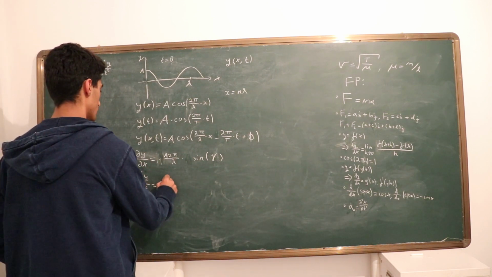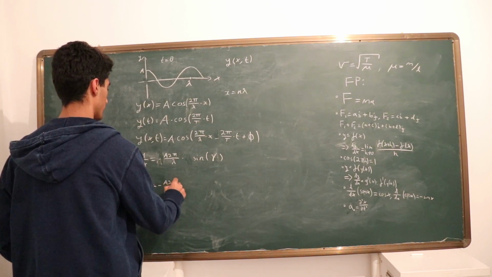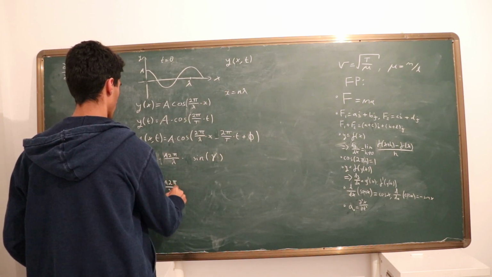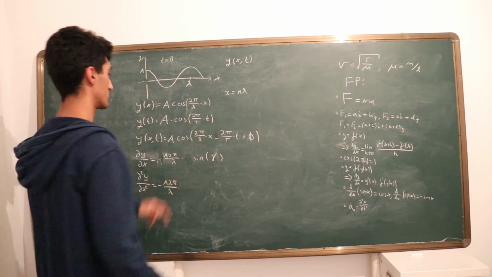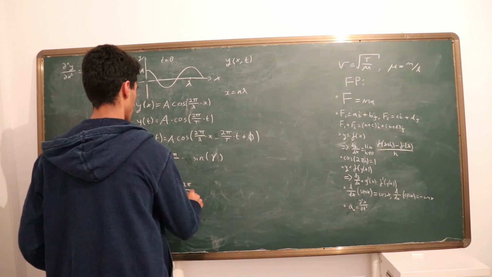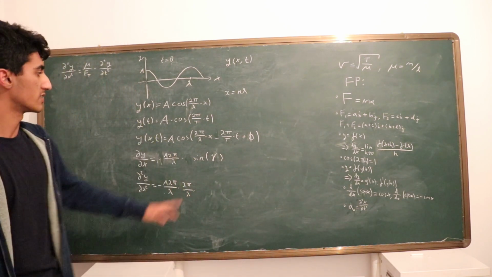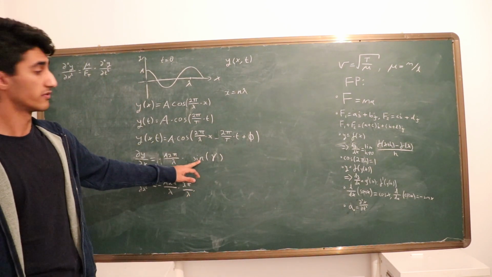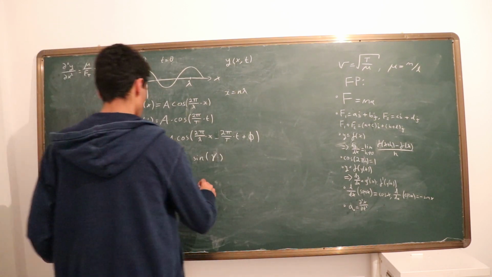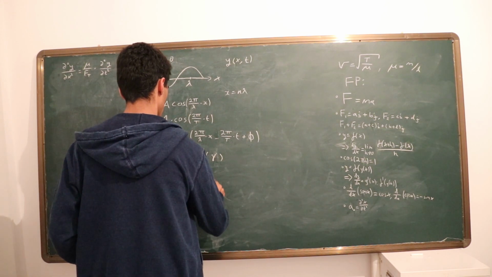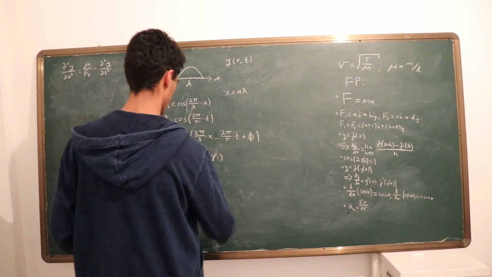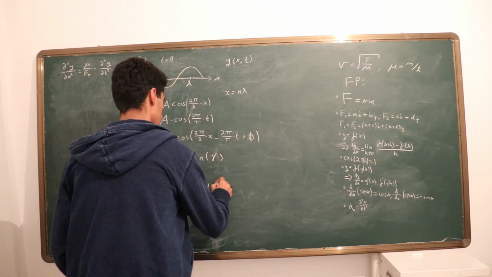So leave this here, so minus a times this, times 2 pi over lambda, times the derivative of the outer function. The derivative of sine is just positive cosine, so it's just times cos gamma.